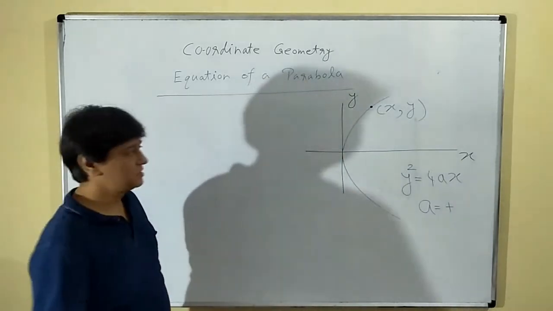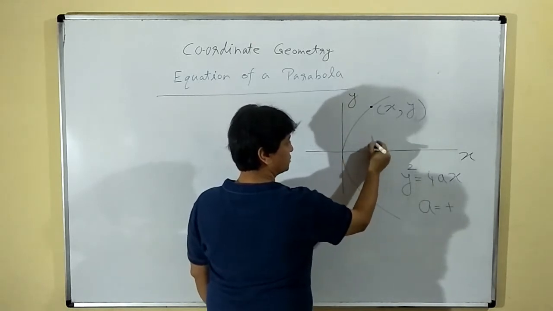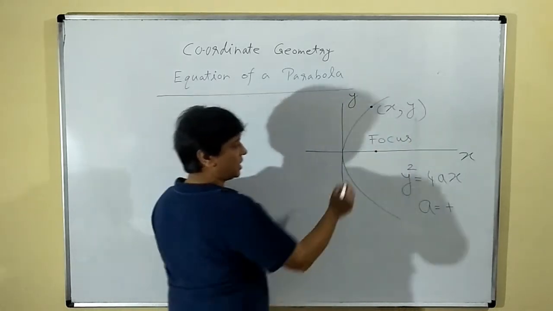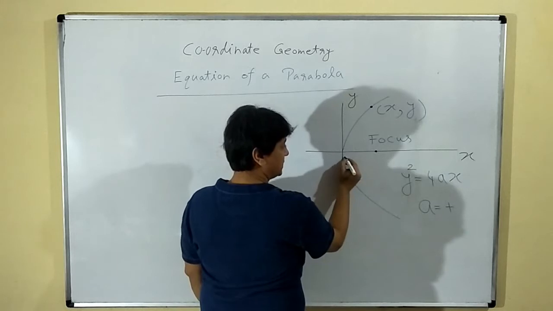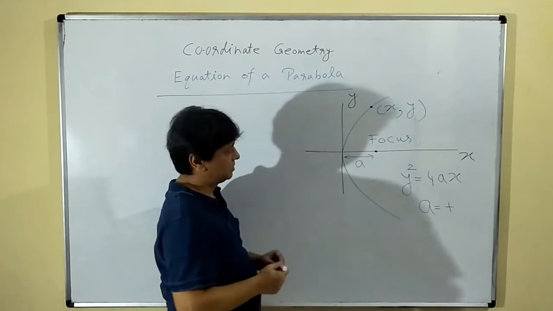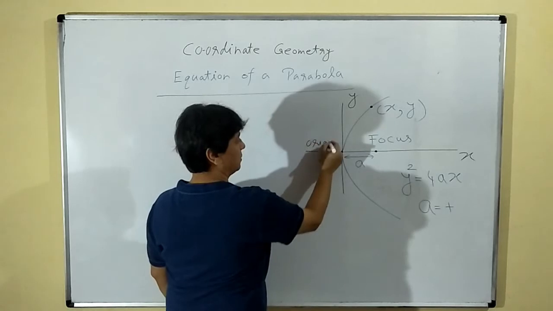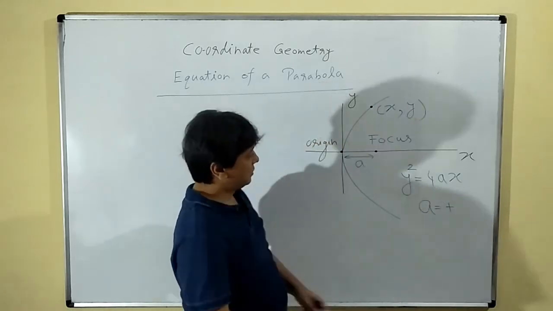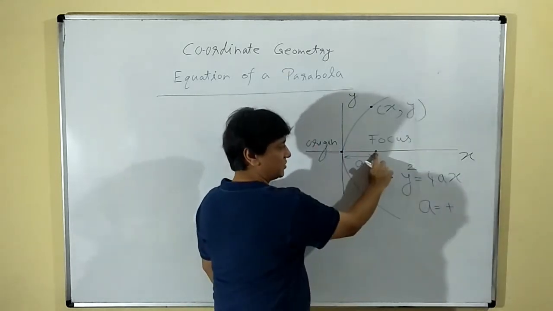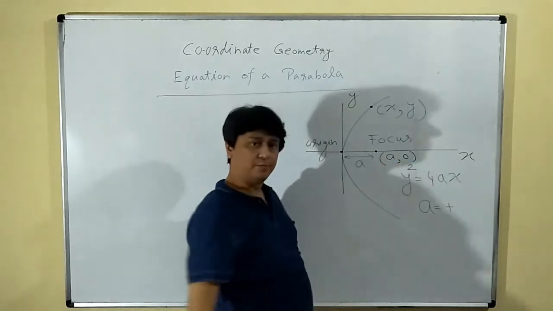And what basically a is, right here we have a point which is called the focus, and this focus is at a distance of a from the origin. That's your origin. If this distance is a, then at this point you will write the coordinates as a comma 0. That's the focus.